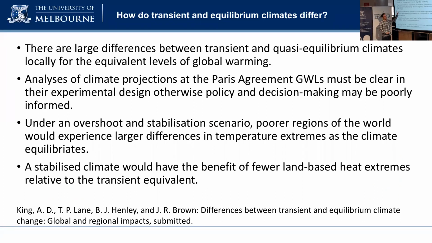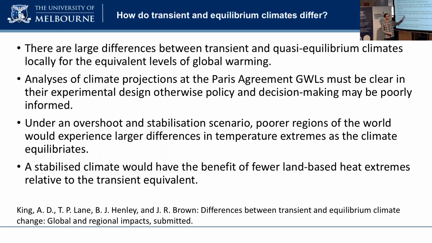So what I'm showing here is that there are large differences between transient and quasi-equilibrium climates. And when we're looking at projections of future climates, for example at the Paris Agreement global warming levels, we need to be really clear in the framing of our experiment, whether we're looking at a transient warmer world or an equilibrium warmer world.